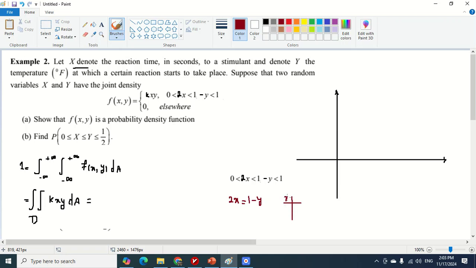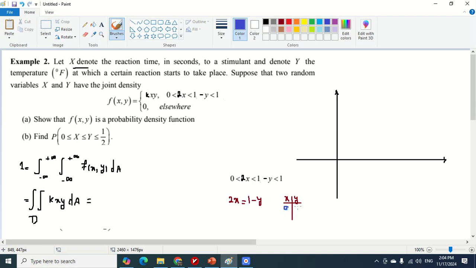I put the value of x on one side and the value of y on the other side. If I replace the value of x by 0, then I find the corresponding value of y, which is equal to 1.